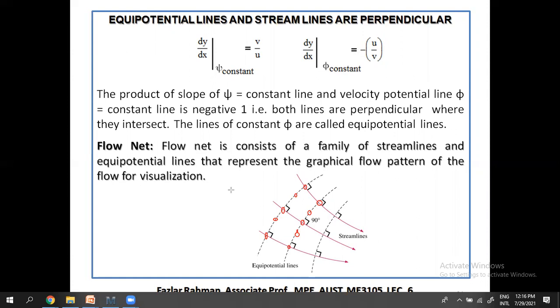But what you can do, you can make a model of your product, a ship or an airplane. Then you put it in the wind tunnel, and in front of the wind tunnel, if you are able to put some color smoke, then you can see how the smoke is passing over the structure, over the aircraft or over the racing car.